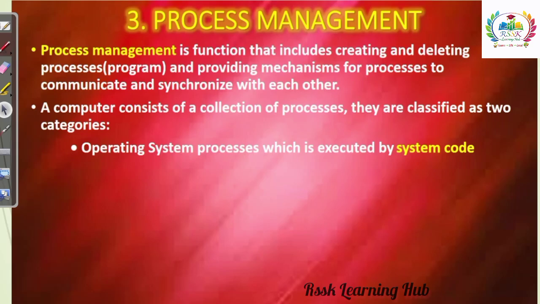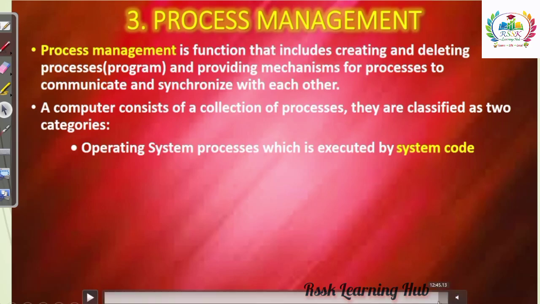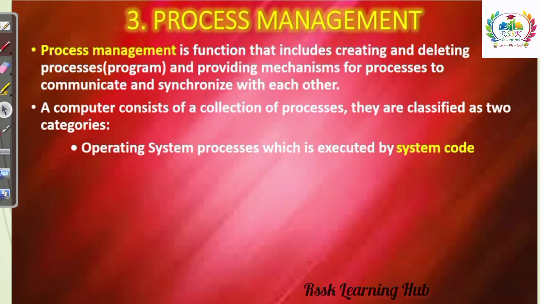First one is FIFO, that is first in first out. The concept is first in first out. Next one is SJF. Next is round robin, and last is based on priority. So totally you will have 4 algorithmic concepts to allocate the job. Okay. So that concept we will see deeply in your next session.